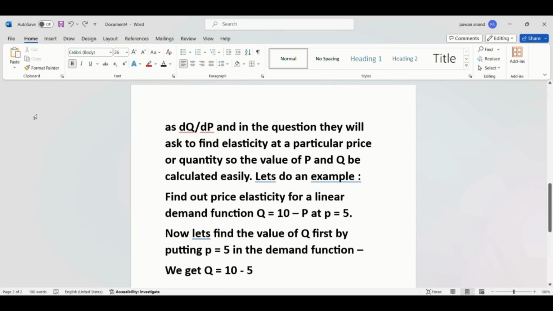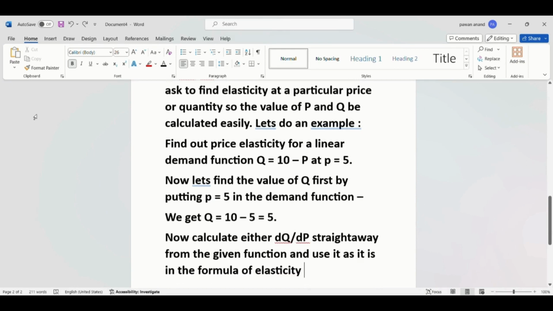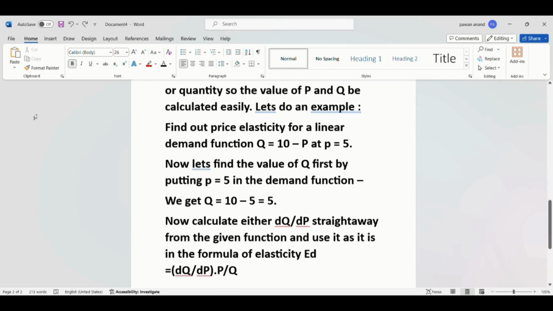It will give us Q is equal to 5. Now calculate either dQ upon dP straight away from the given function, and use it as it is in the formula of elasticity, that is ED is equal to dQ by dP into P upon Q.